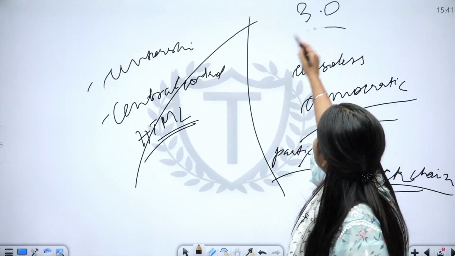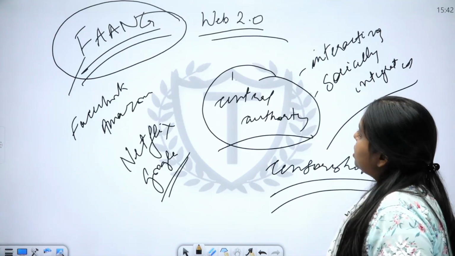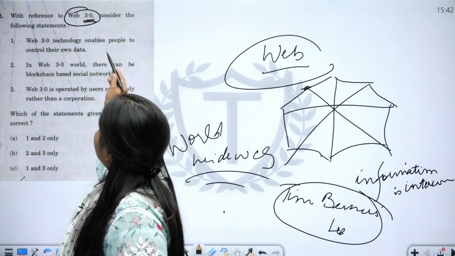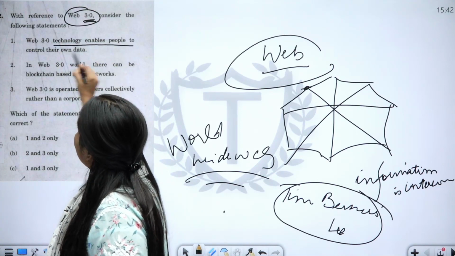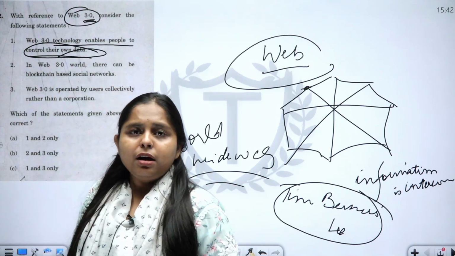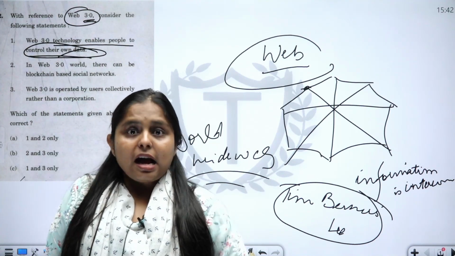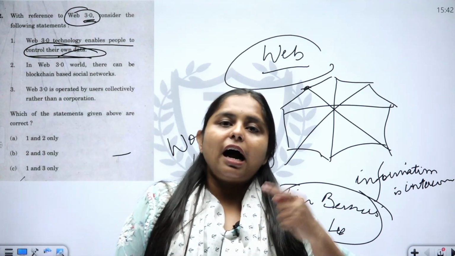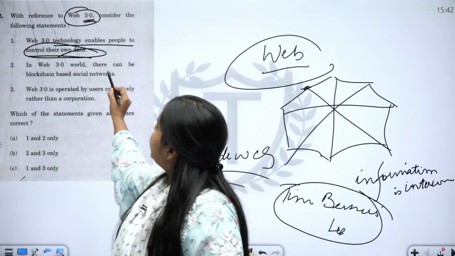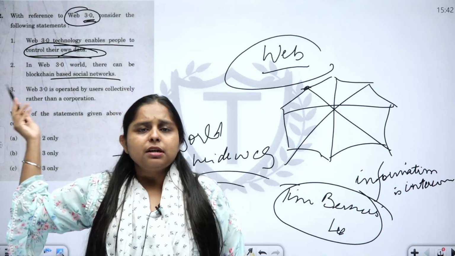So this is why UPSC has asked you this question, where it wants to know if Web 3.0 has an aspect of people controlling their own data. The answer is yes. I will control what data I am putting on the internet. Apart from that, there can be blockchain based social networks. Yes.